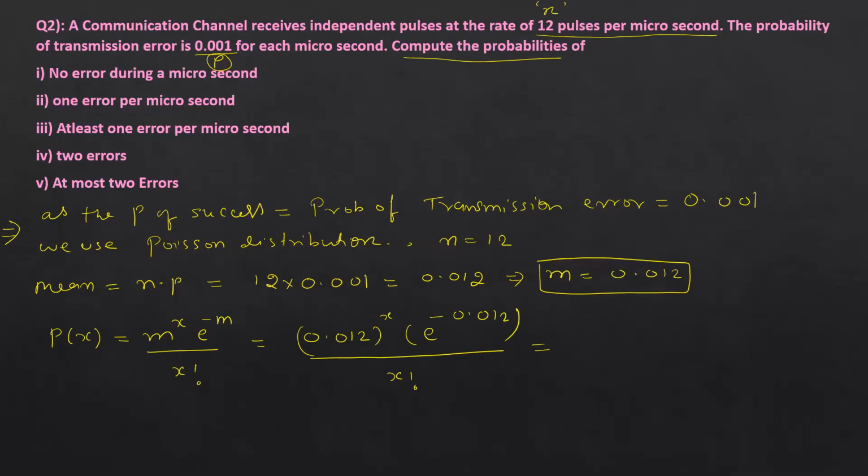The value of e power minus 0.012 is 0.98807. I have written it here. The rest part is 0.012 power x divided by x factorial. So we have got the p of x. Now we can start answering the question. So the first part is we have to find no error.